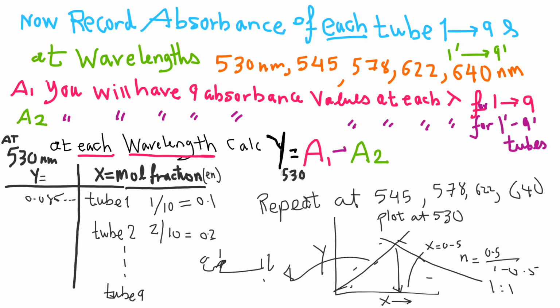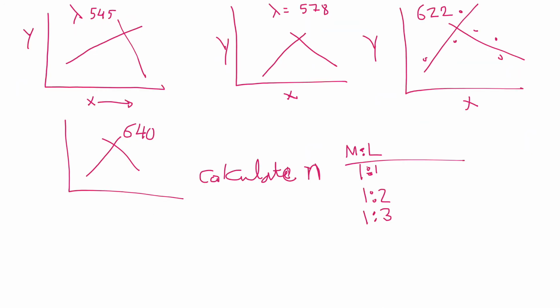Then you repeat all the plots at all wavelengths, Y versus X, at 545 nanometer, 578, 622, and 640 nanometers.